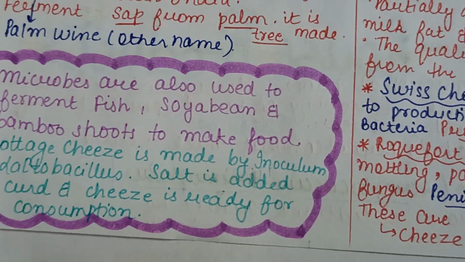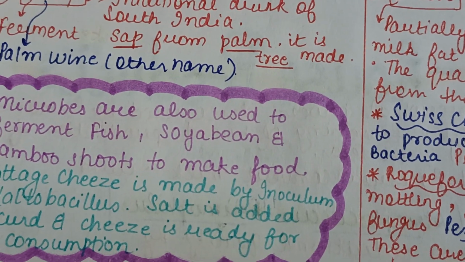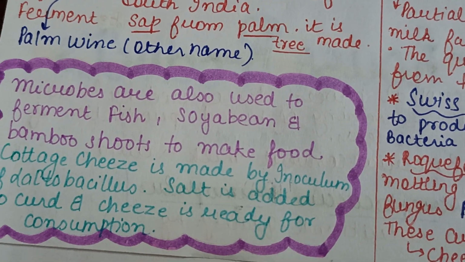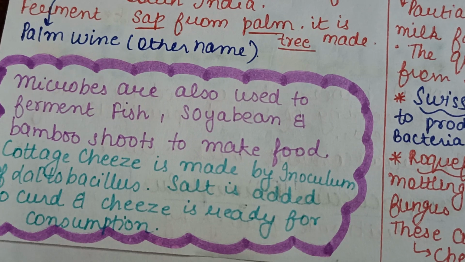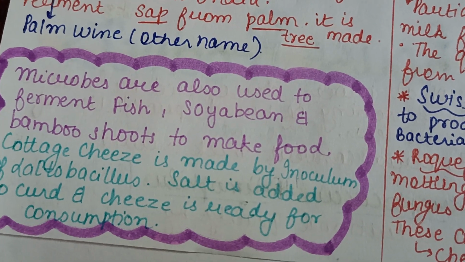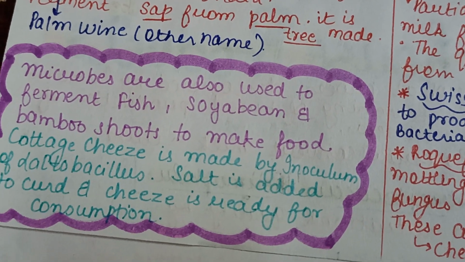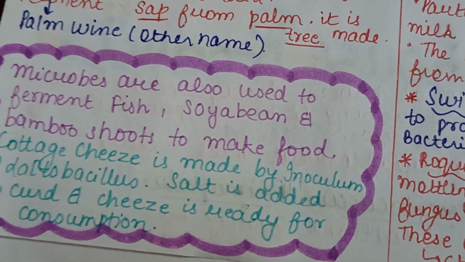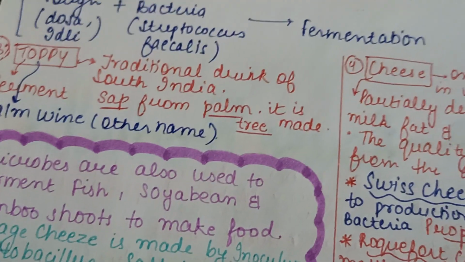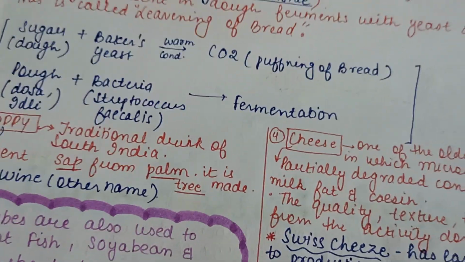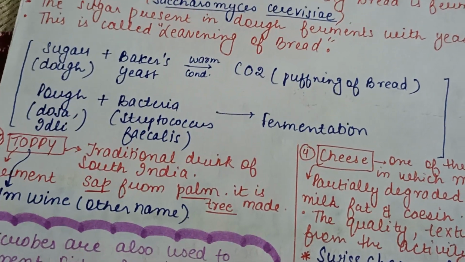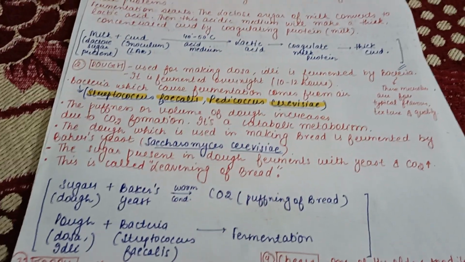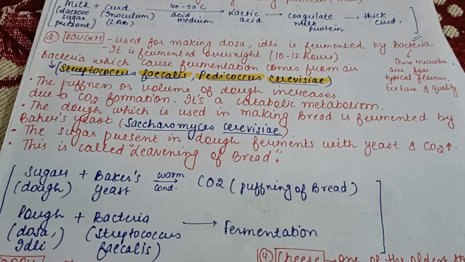Further, microbes are also important and are used to ferment fish, soya bean and bamboo shoots to make food items. So these were all the basic introductions of the microbes used in home products.